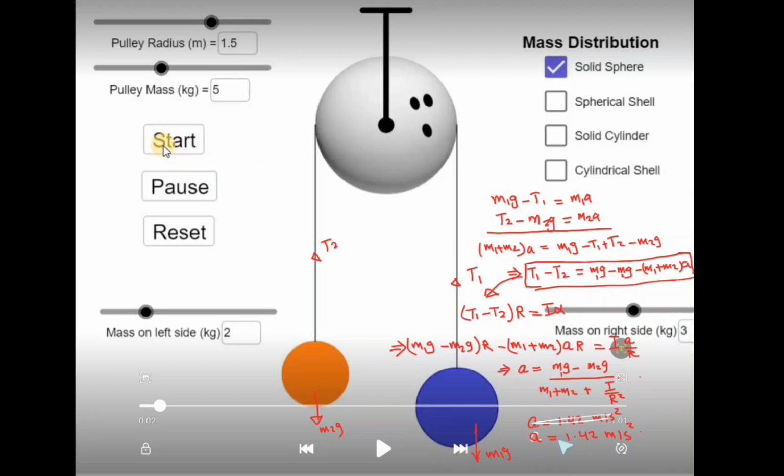Once we calculate the acceleration, we can easily calculate the angular acceleration. And remember, a is equal to R alpha, and alpha equal to a over R. And once we calculate a, the net torque equal to I alpha, and that's it.